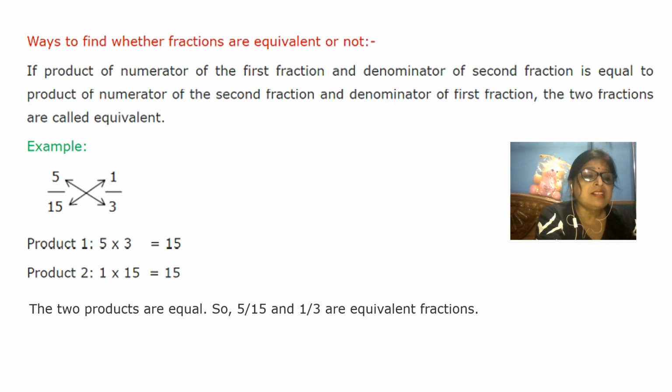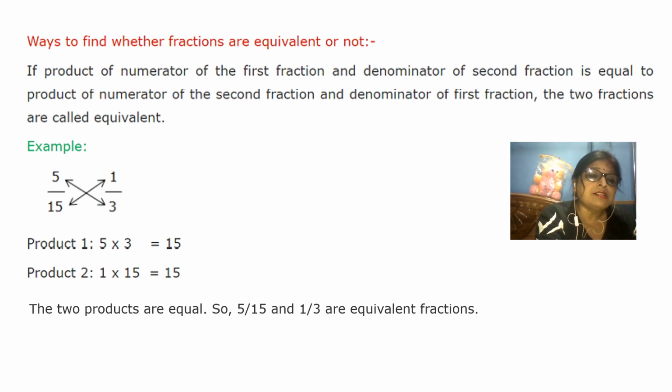If the products are equal, then the fractions are equivalent fractions, and if the products are not the same, then the fractions are not equivalent fractions. In another way, you can say that they are non-equivalent fractions.